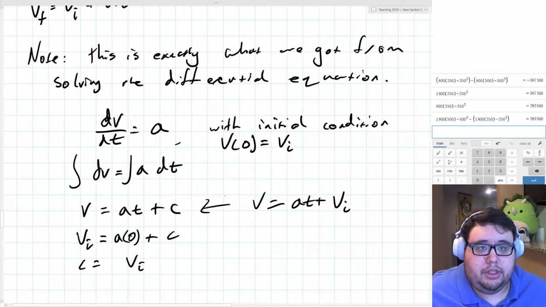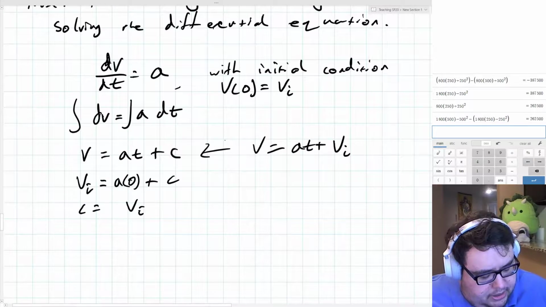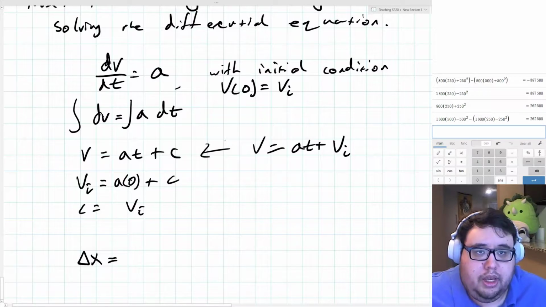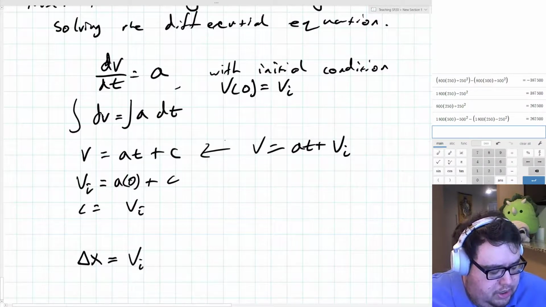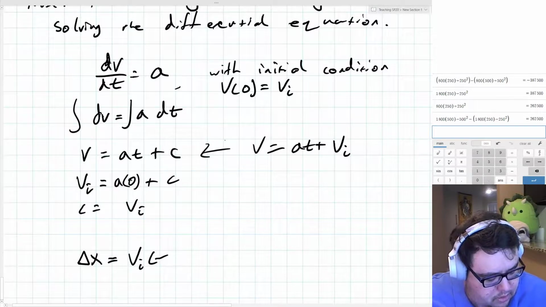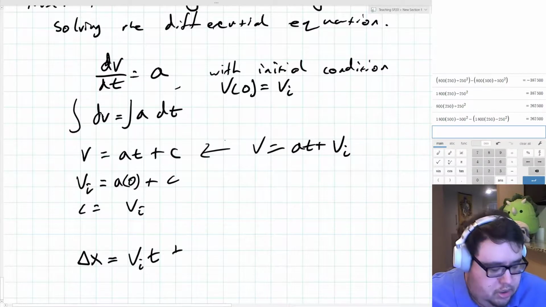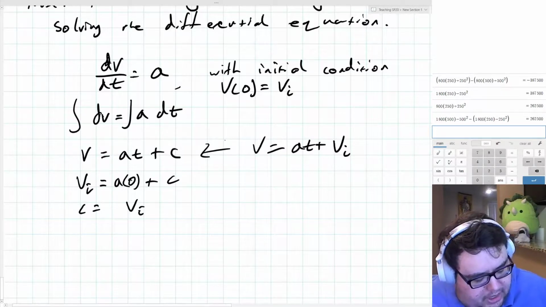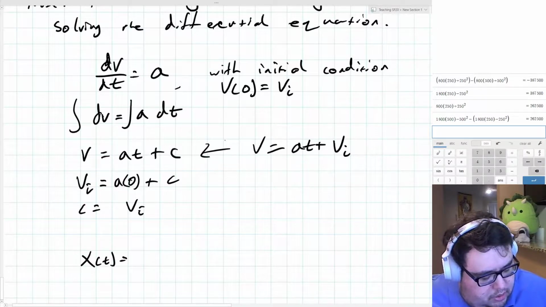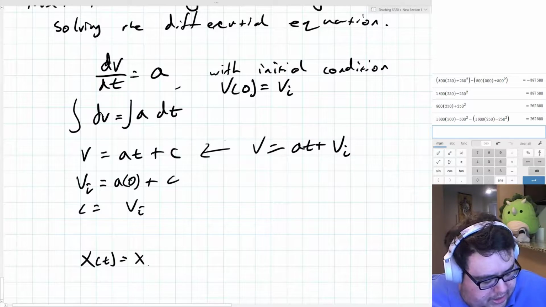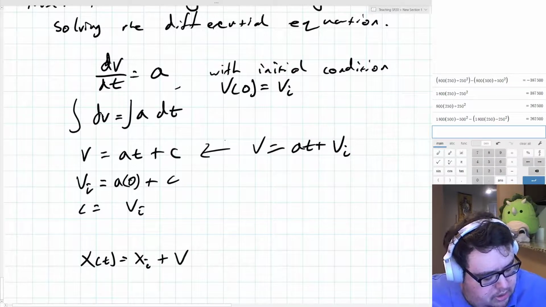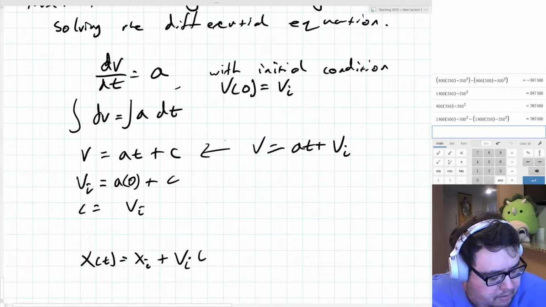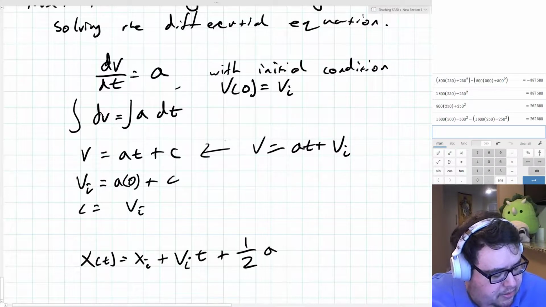And another kinematic equation that shows up a bunch is that delta x, the change in x, or the distance traveled, is equal to the initial velocity times time plus, or actually I should say the x position is equal to the initial x plus the initial velocity times time plus 1/2 of at squared.